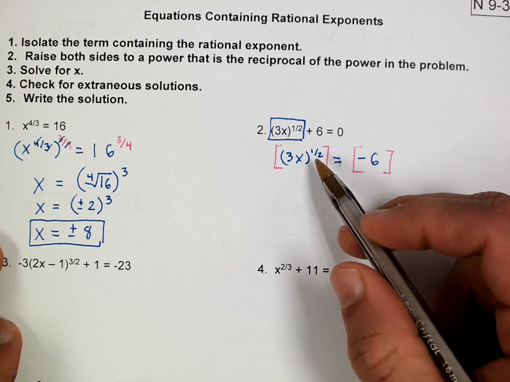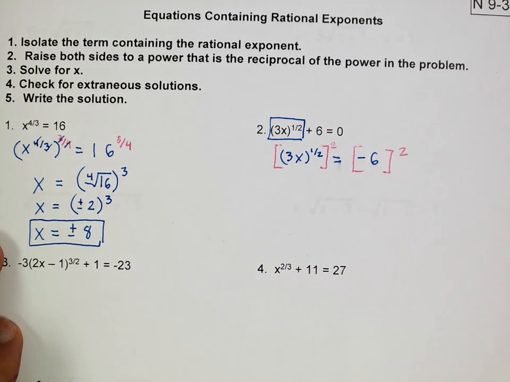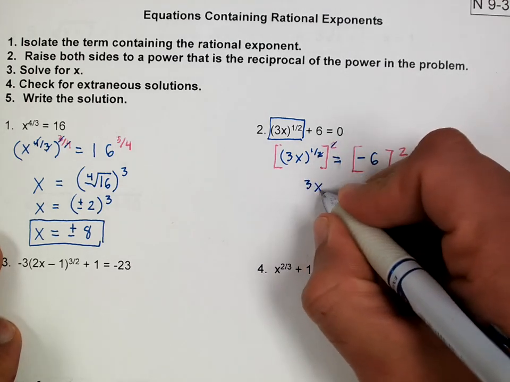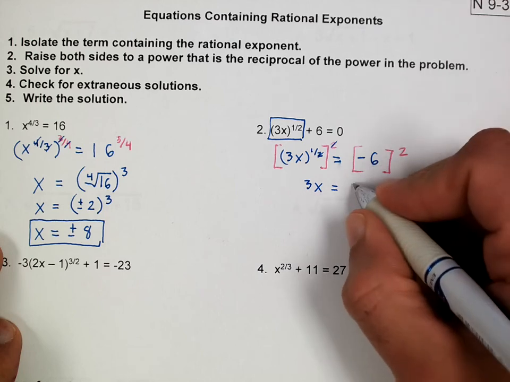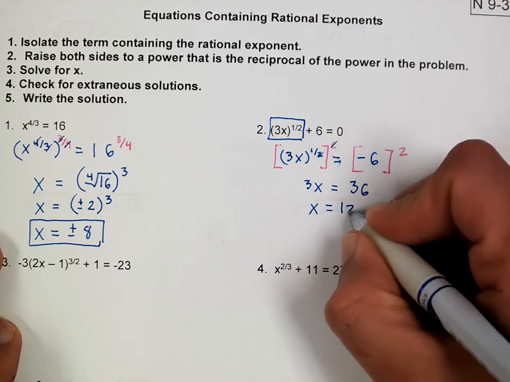The reciprocal power of 1/2 is 2/1, or just 2. That will cancel, so I would end up with 3x, and negative 6 squared is positive 36. So x is equal to 12.